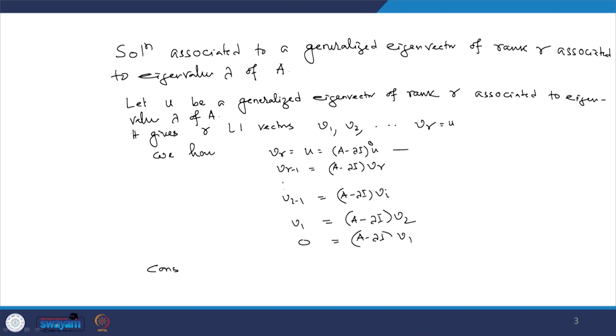Construct the R functions as below. So, let me define the R functions.